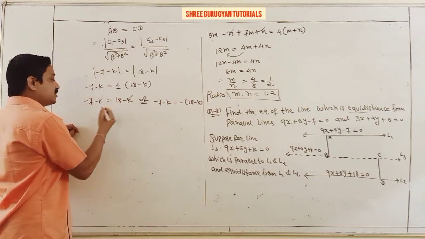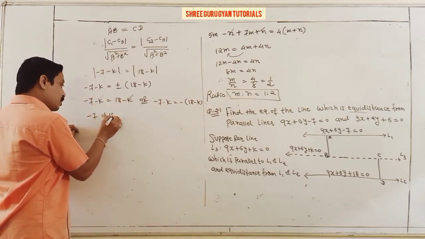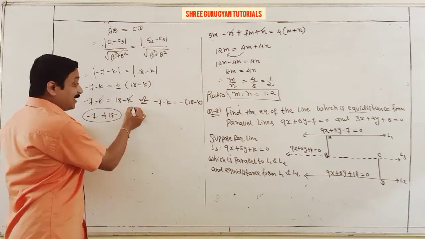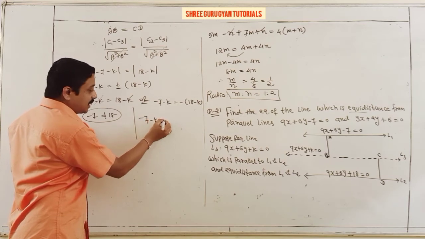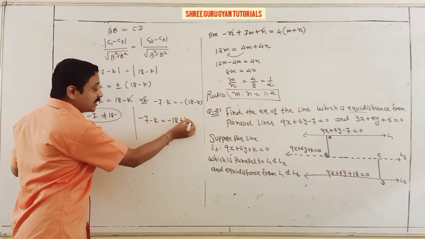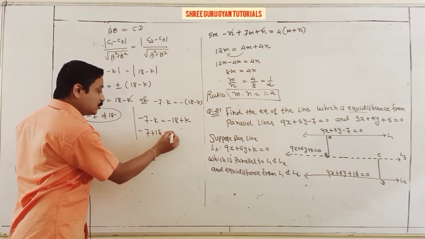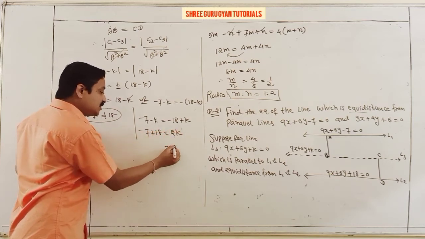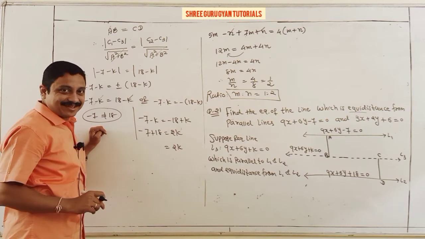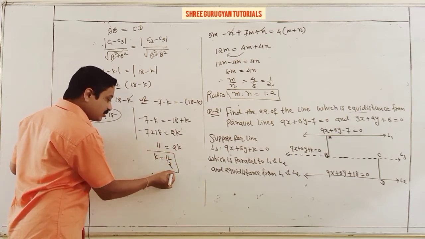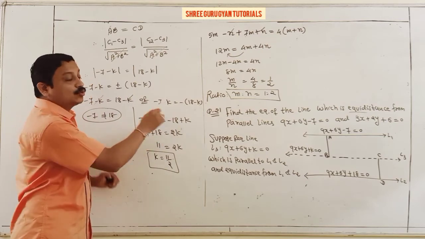Here minus K gone, not equal to 18, not possible there. Here possible: minus 7 minus K equals minus 18 plus K. So minus 7 plus 18 is equal to twice K. Now twice K and 18 minus 7, which is 11. K is 11 by 2. That's your answer for question number 21.